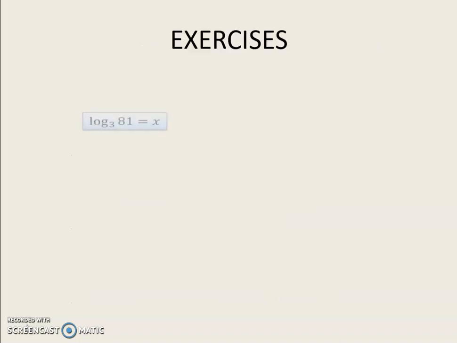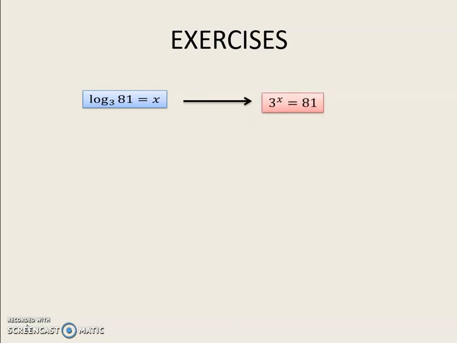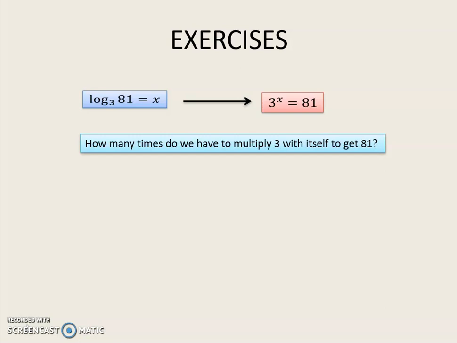But let's have some examples. So what is the log of 81 to the base 3, right? So this letter x, what is the value of x? If I were to write that in exponential form, that's equivalent to 3 to the power x is equal to 81. So basically what this question is asking is, how many times do we have to multiply 3 with itself to get 81?